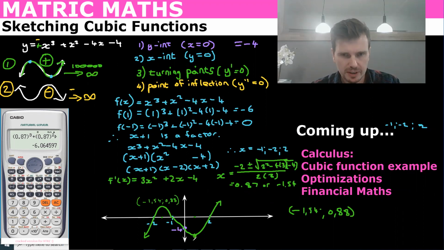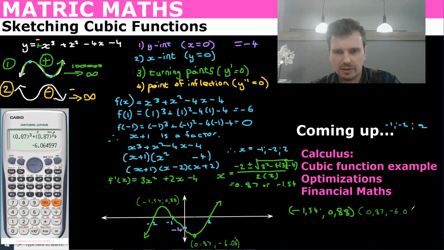Okay, so that would be my second one. So I would say 0.87 and -6.06. Okay, so that would be my other turning point.